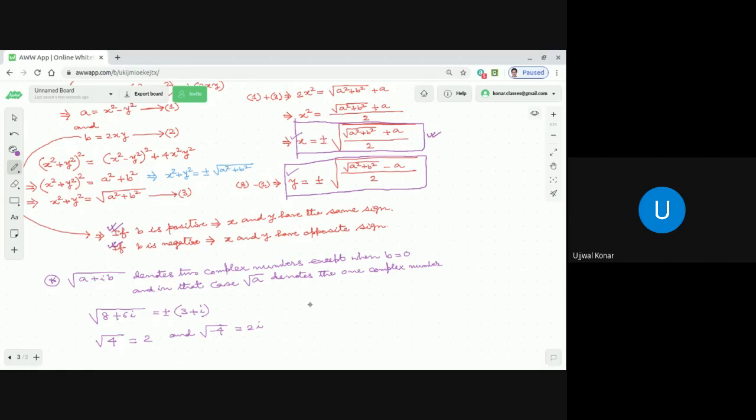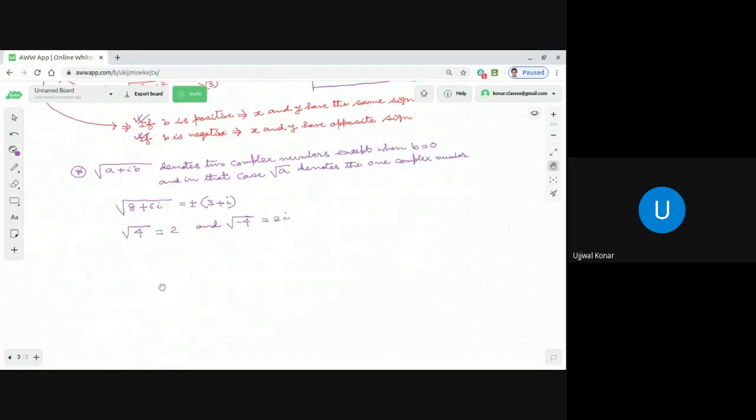Your point is how we can find the value of square root of -4. Actually, I wanted to bring that into the second part. Let me discuss the second part, then it will be amply clear. You will completely understand what I am going to tell about the square root of -4.